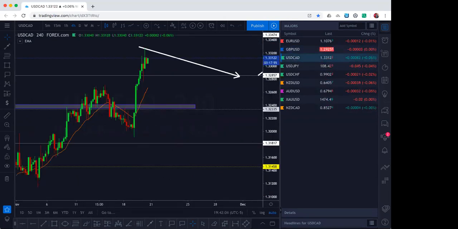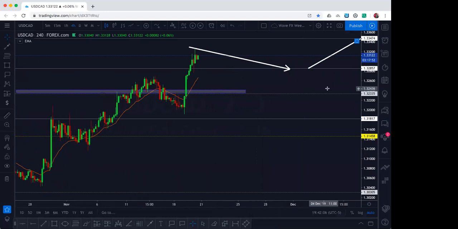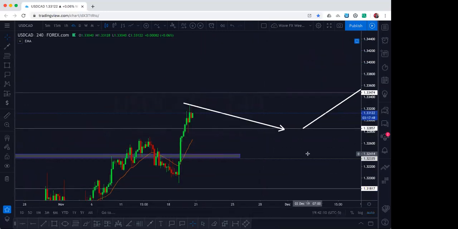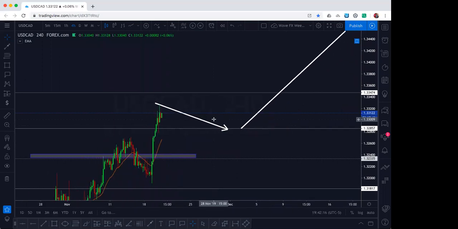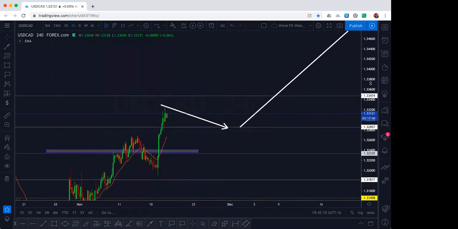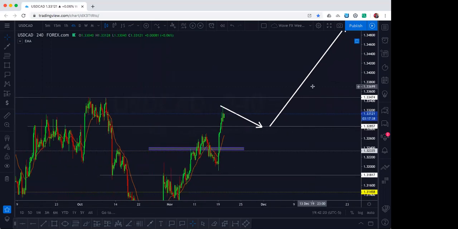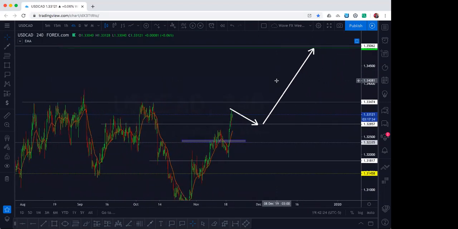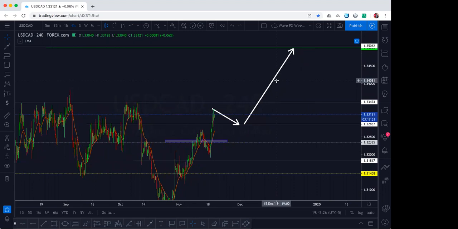USD CAD, pretty much the same movement, a bit of sideways price action. If we can get the price back down into 32.85 thereabout, and then look to target the highs of about 35. It might take some time for us to get up into those levels, but that's the overall target point that you should be looking at.